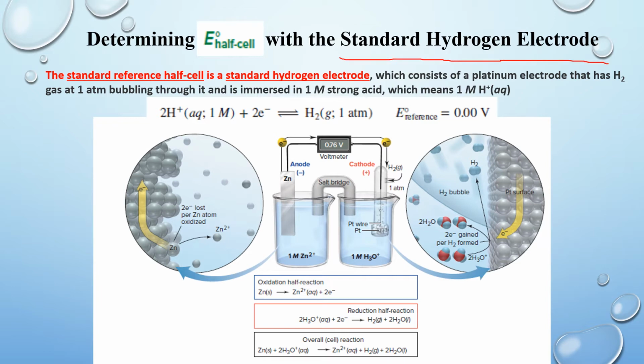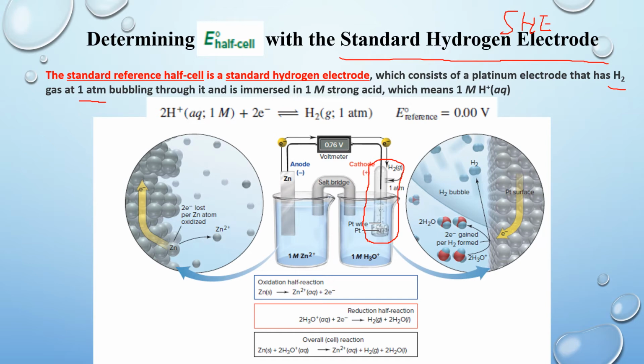The standard hydrogen electrode consists of a platinum electrode that has hydrogen gas at 1 atm. If you see this picture here, that's what a standard hydrogen electrode looks like. Normally we use the abbreviation SHE to represent the standard hydrogen electrode.